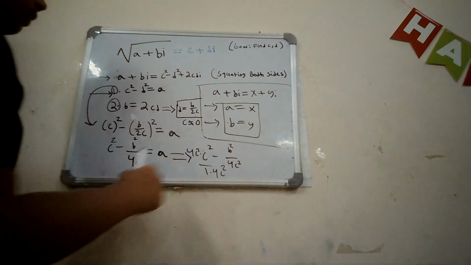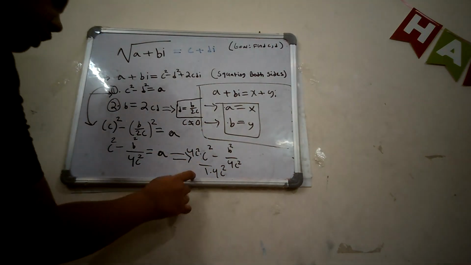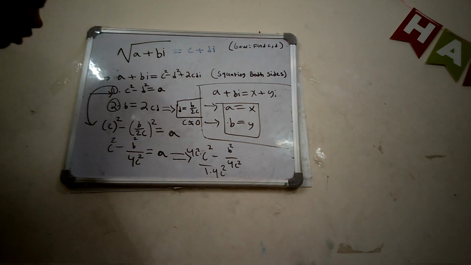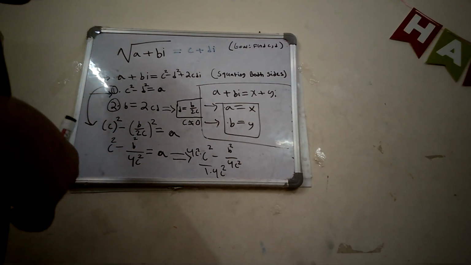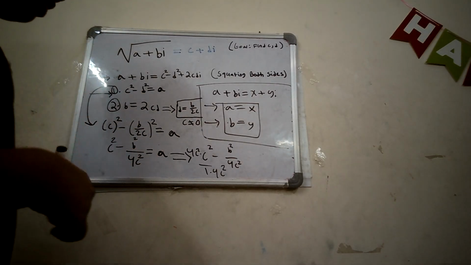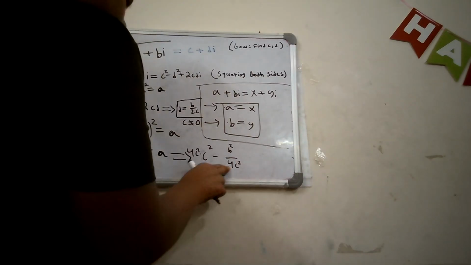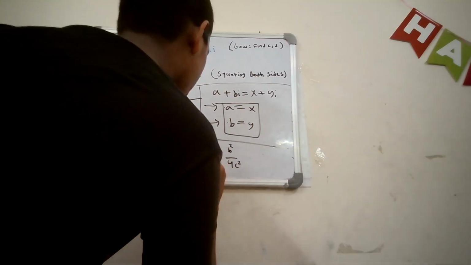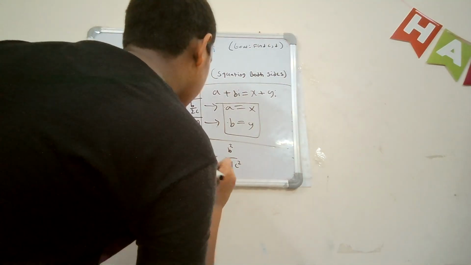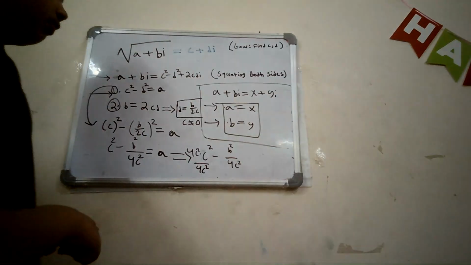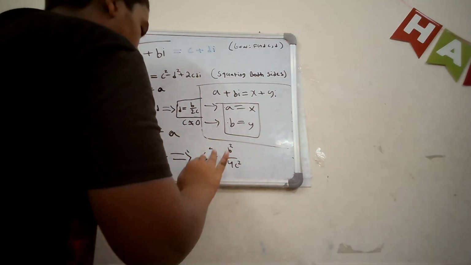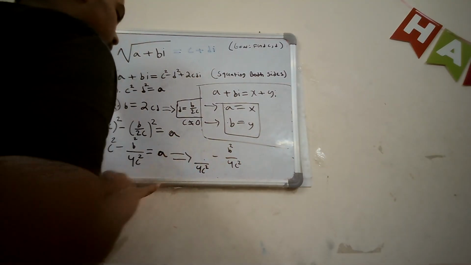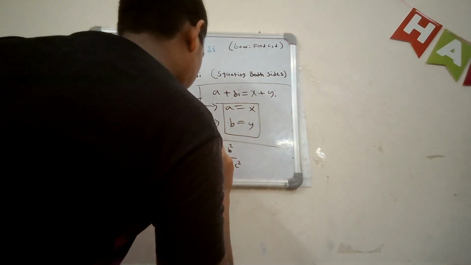So when I multiply the numerator and denominator by 4c squared, assuming c is not equal to 0, the denominator will be 4c squared, and the numerator will be 4c squared times c squared, which is 4 times c to the power of 4, so this would just be a quartic, basically 4c to the 4.